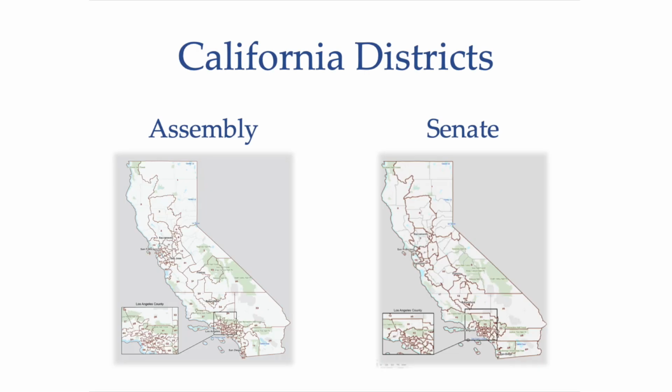These are called districts. The district is the area of the state that a legislator represents, and he represents the people in that area. There are Senate districts and assembly districts. Because there are 80 assembly members, there are 80 assembly districts. Because there are 40 senators, there are 40 Senate districts.